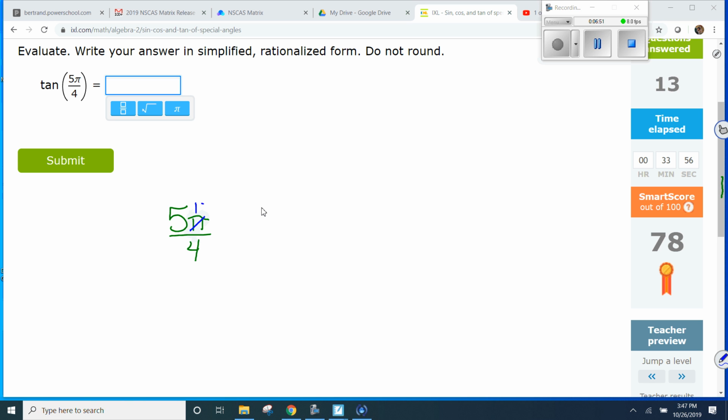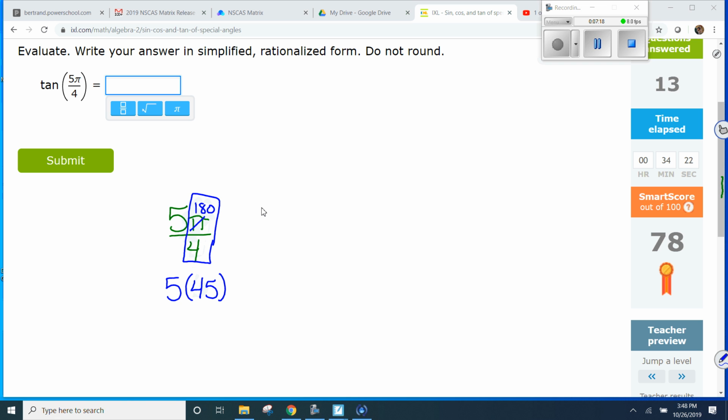But pi means the same thing as 180. So you have 180 divided by 4. If you divide it by 2, you're at 90, and then divide by 2 again, you're at 45, or 180 divided by 4 is 45. So you're going to take 45, which is what this part reduces down to, and then divide by 5. I know my reference angle will be 45 degrees. That's what that part's going to tell you.